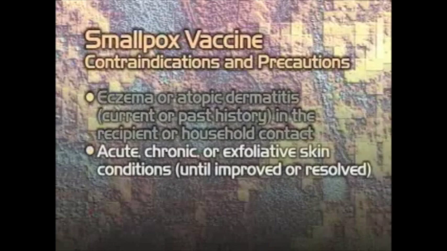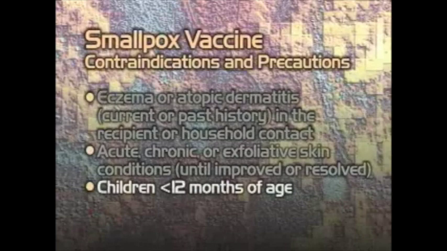People with other types of acute, chronic, or exfoliative skin conditions such as psoriasis, contact dermatitis, or varicella zoster might be at higher risk for disseminated skin rashes from the vaccine, although these rashes are generally not as severe as eczema vaccinatum. People with exfoliative skin conditions should not be vaccinated until the condition is under good control or resolves.